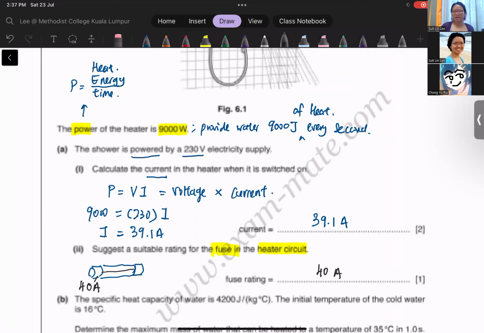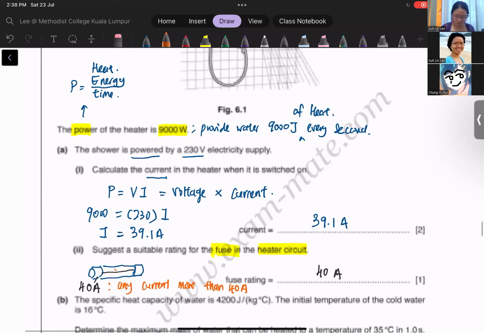Why? Because any current more than 40 ampere, the wire will burn and then it will break. So the fuse short circuits. Fuse burns, breaks.